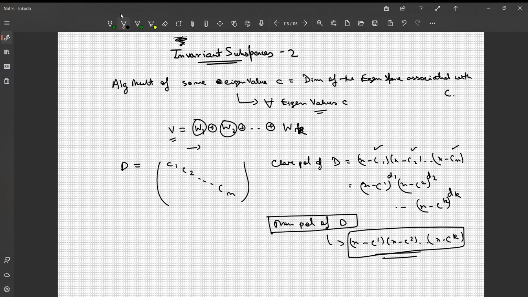There we discussed what an invariant subspace typically is of a given vector space.